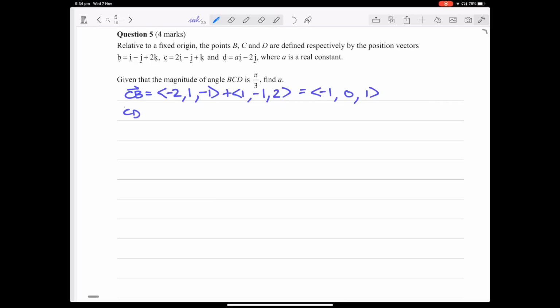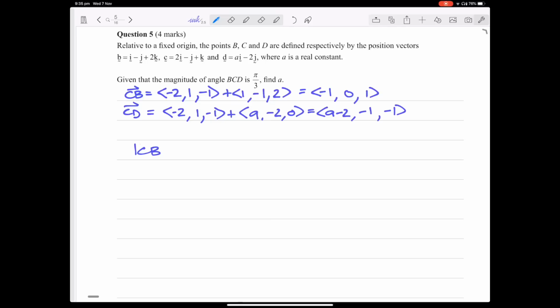CD is equal to negative 2, 1, negative 1, plus a, negative 2, 0, which is a minus 2, minus 1, and minus 1.